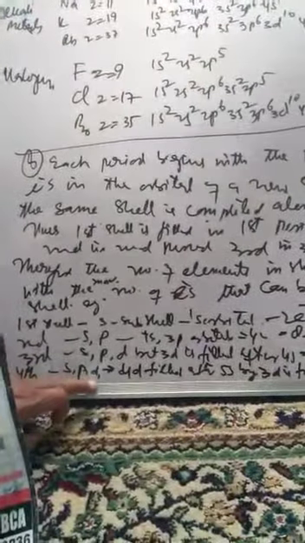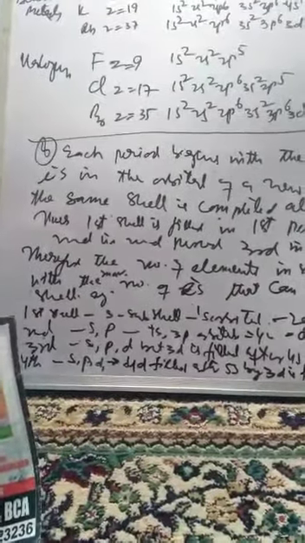Then we have the fourth shell, which has 4s, 4p, 4d. But we know that 4d is filled after 5s, because as per the n plus l rule its energy is higher than 5s.